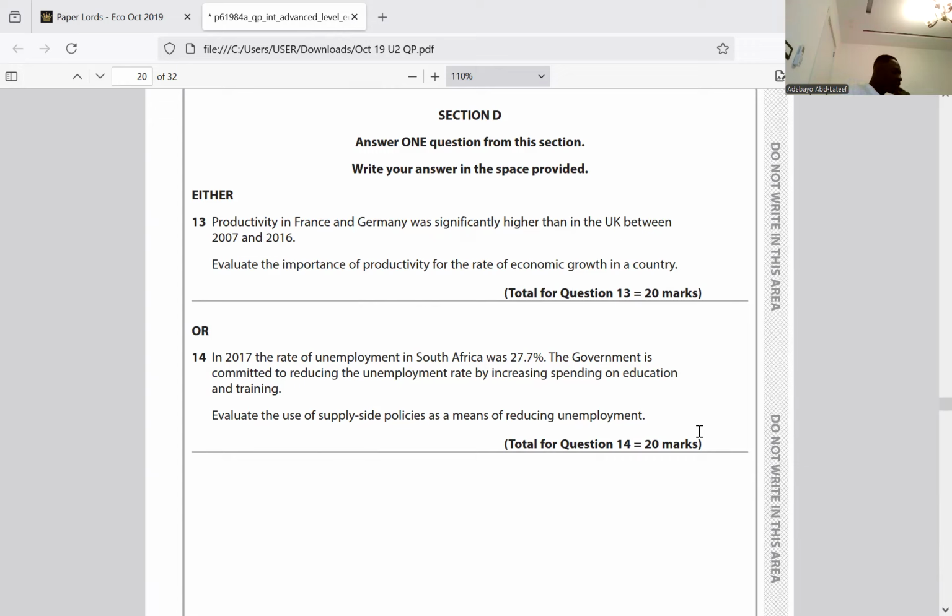Then we have: investment by business is based upon confidence, not productivity. Now, are you saying productivity is not really part of investment? It's part of the reason why firms might want to invest. If productivity is increasing, it's an incentive for them to increase investment.